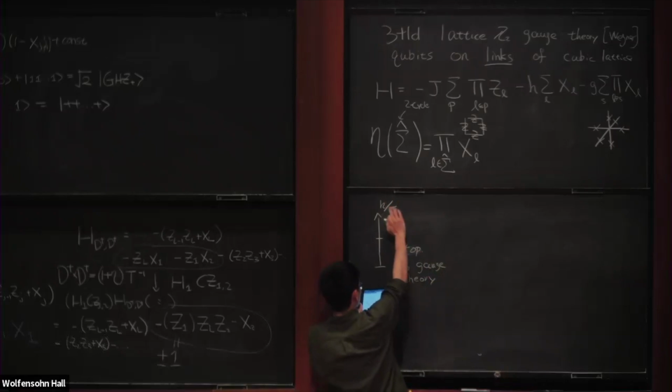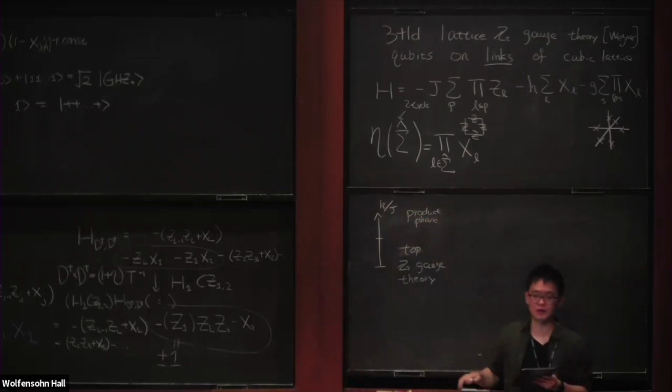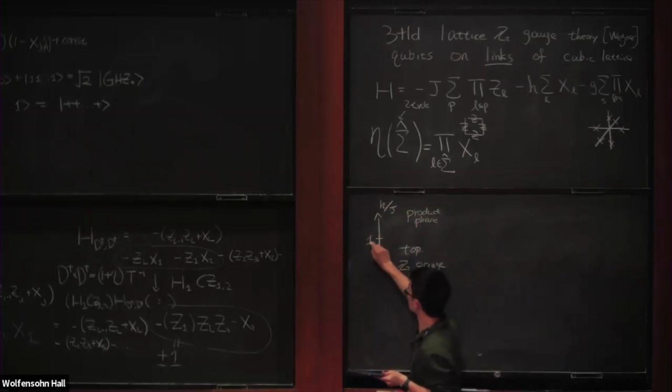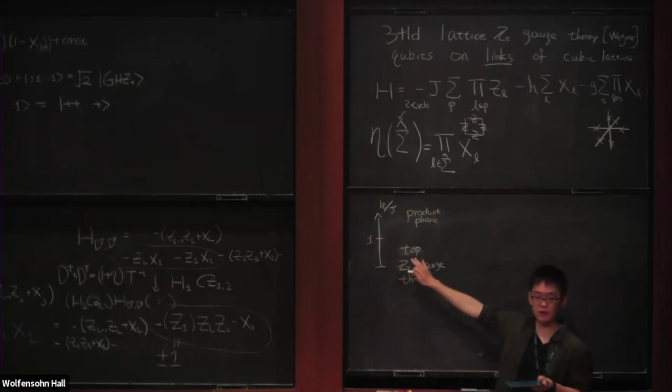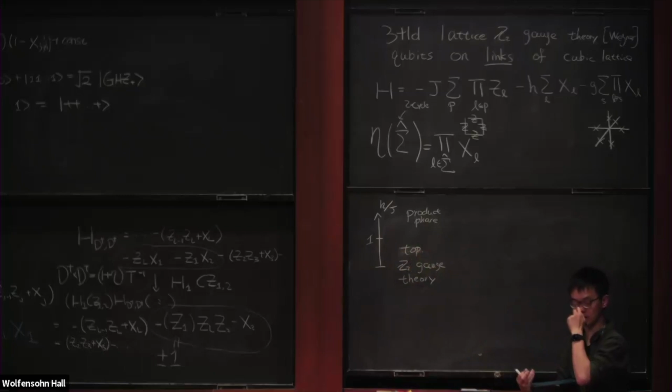When H over J is very large, you are in the product state phase. Caroline already talked about a similar phase diagram in 2+1D. In 3+1D for Z2 gauge theory, the only difference is that at the transition point, H over J equals 1, this is a first order transition for this particular model. In 2+1D it is an Ising-star gapless second order transition.